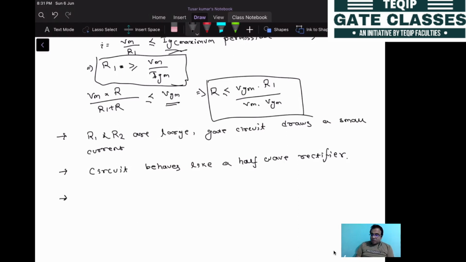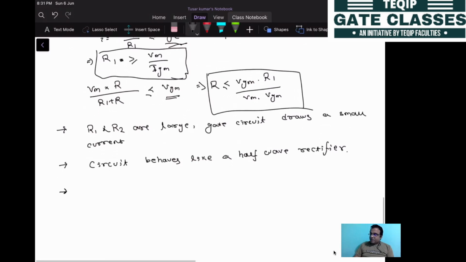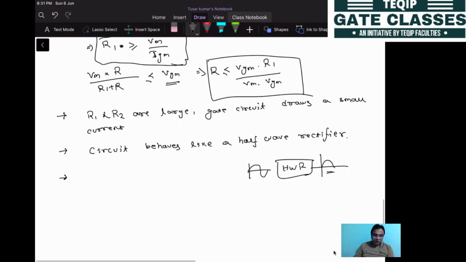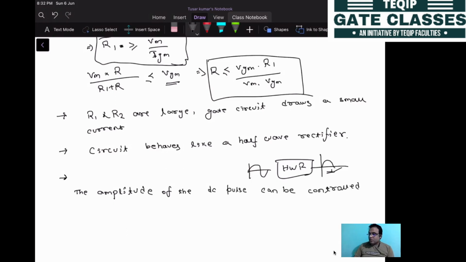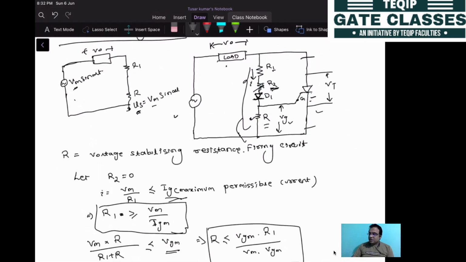Then the amplitude. People might know, if it is a half wave rectifier and you apply a sinusoidal wave, then the output will be like this. So we will be getting a DC pulse. The amplitude of the DC pulse can be controlled by, see, the only variable thing is this resistance.